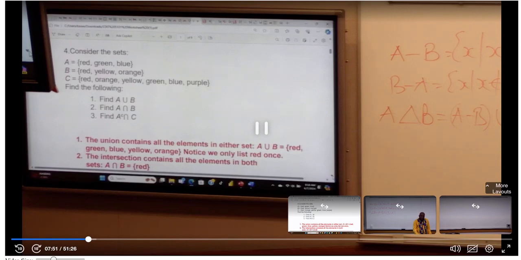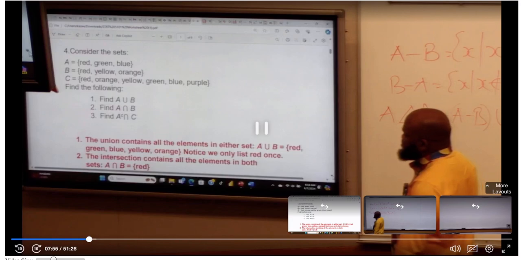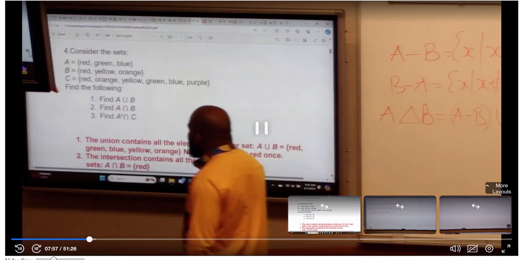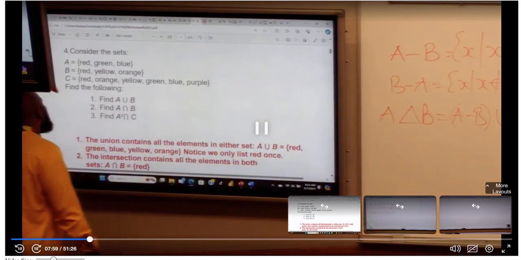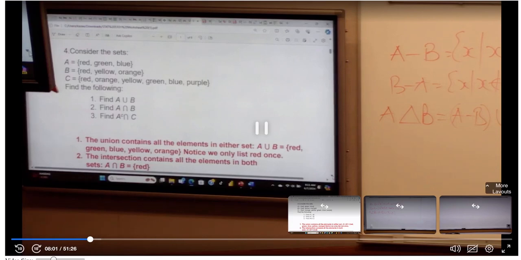Now take a look at question 4. Consider the sets A, B, and C, and find the following: find A union B, find A intersection B, then find A complement intersection C. If you want to find A union B, that's going to be super easy.